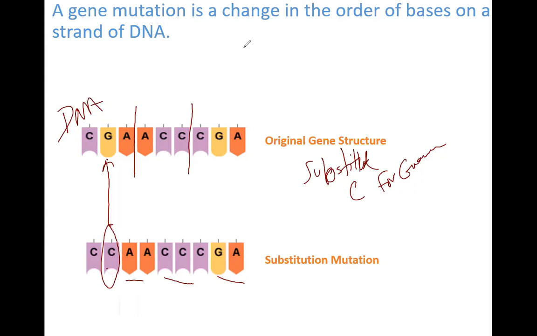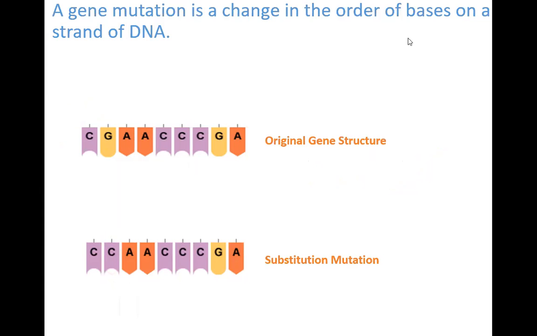This is the kind of thing that our P53 gene is trying to fix for us by taking out the wrong base and putting the correct base in. What we're seeing here is the sequence is wrong. If our original sequence was CGA and now we get CCA, we've substituted a C for the G. It may or may not be a problem.